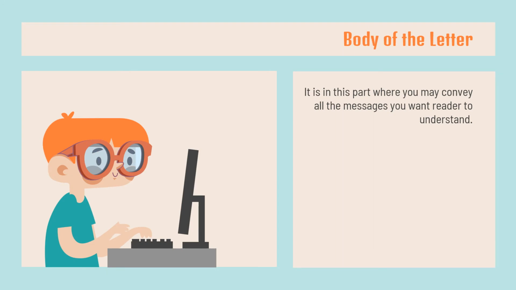And then the body of the letter consists of several paragraphs, and each paragraph contains certain information, and it is better for you to follow the steps for each paragraph, because it is where you may convey all the messages you want the reader to understand.